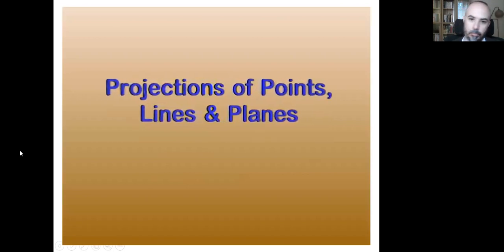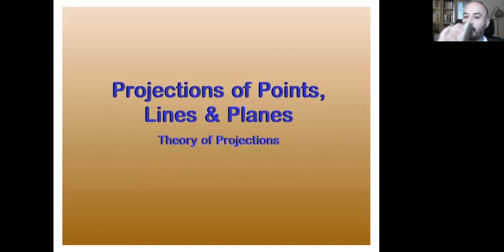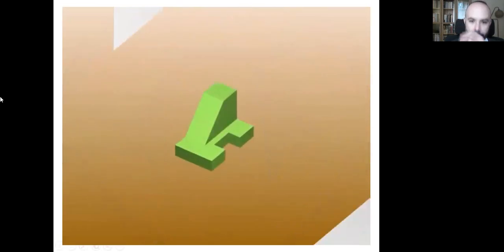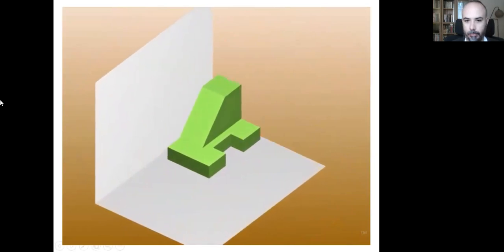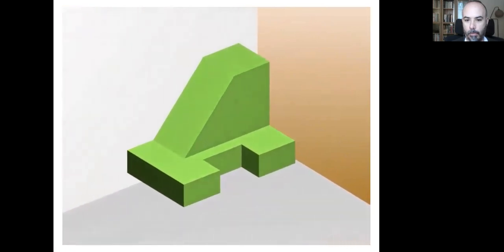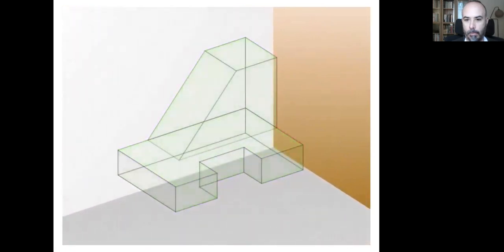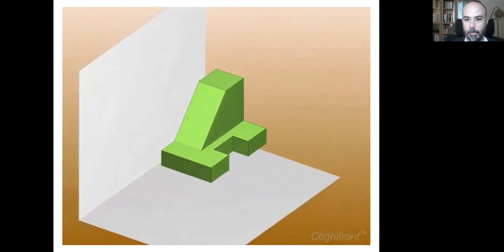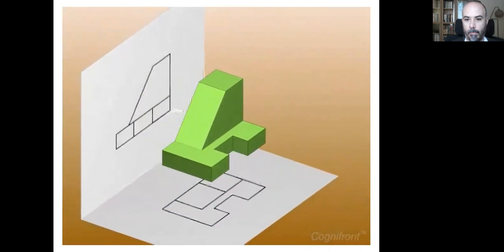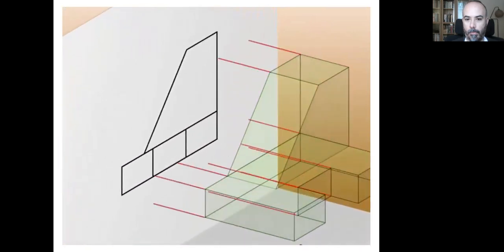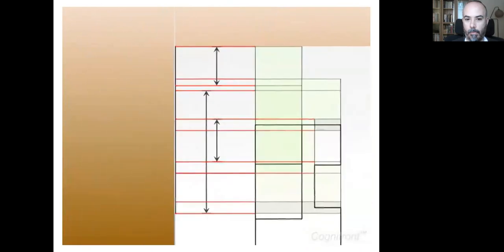Hello. Today, I will take you through theory of projections. The projection is a process of creating an image of the object on the paper as it appears when observed in a particular direction. The shape of an object is represented as a combination of elements, points, lines, and planes. Using these elements as tools of drawing, we can project an outline of the object on the paper. We will use orthographic projection, where lines of sight are parallel to each other.